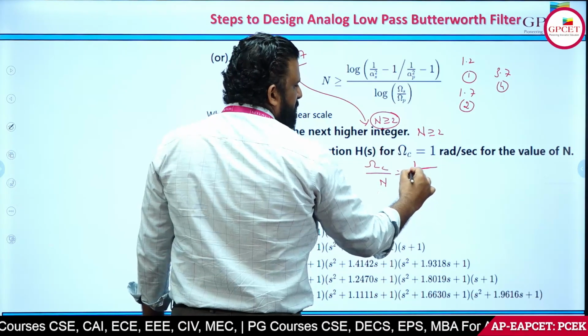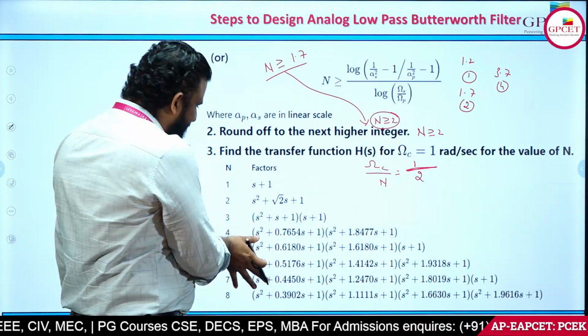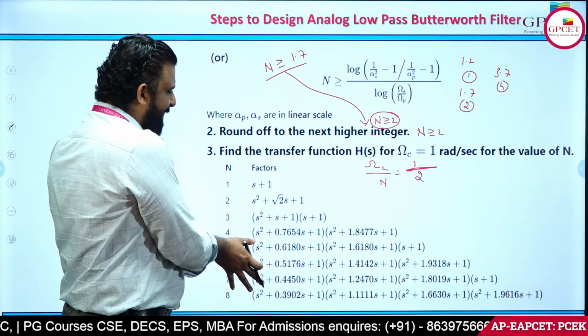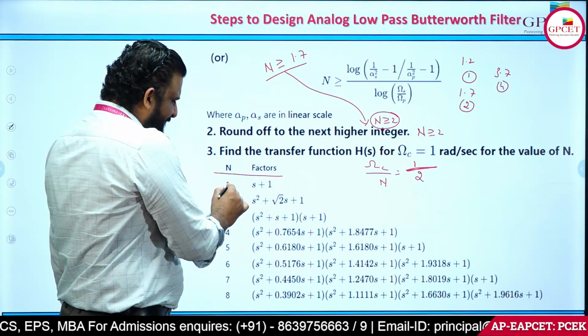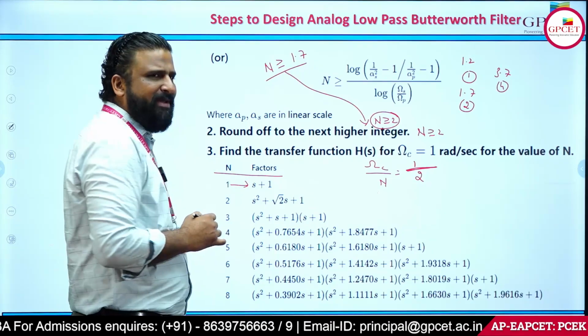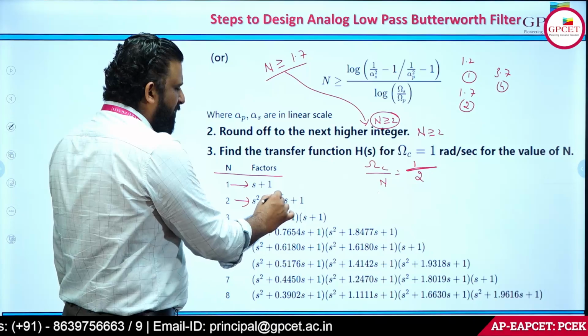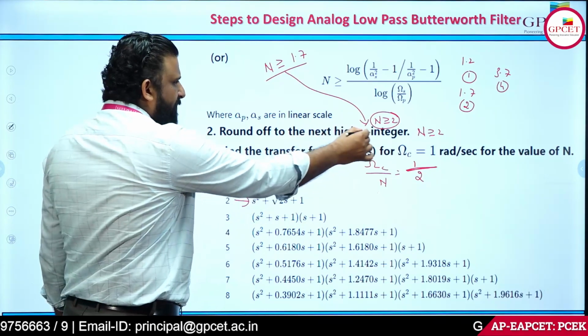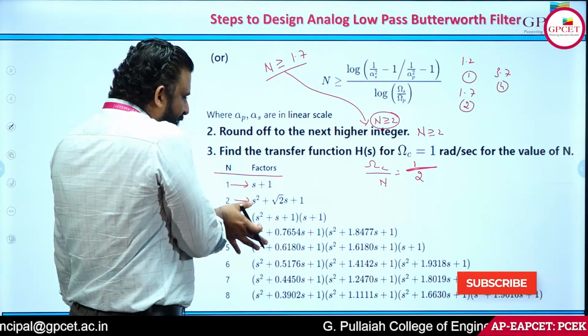Now, how am I going to form the transfer function? Please be careful, you need to memorize this tabular column of n and its factor. If n is equal to 1, the factor will be s plus 1. If n is equal to 2, the factor is s square plus square root of 2 s plus 1. According to the value we get in the second step, we have to take that particular factor.